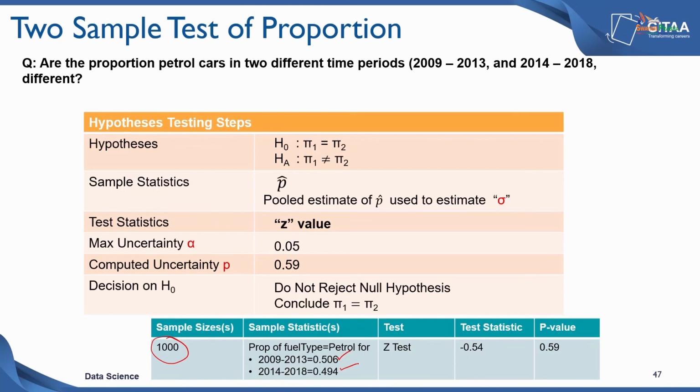The difference is not sufficient for us to conclude that there is a difference in the population. So the test returns a conclusion which says, listen, there is not a large enough difference in the samples for you to conclude that there is a difference in the population. So we conclude that there is no difference in the population proportions of petrol cars between the two time periods. Obviously we use a Z test, and we got a p-value of 0.59.